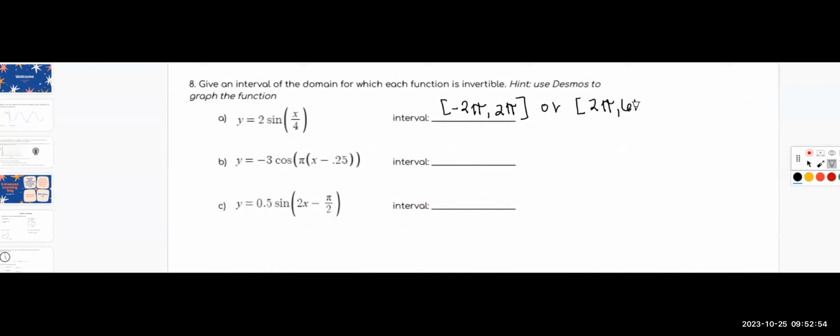All right, go ahead and try the next one. Okay, and when you find an interval, go ahead and share it with us.